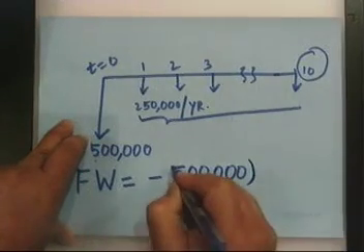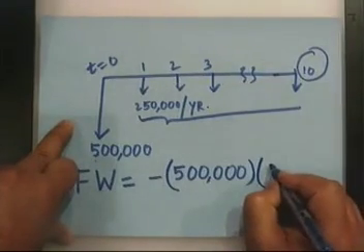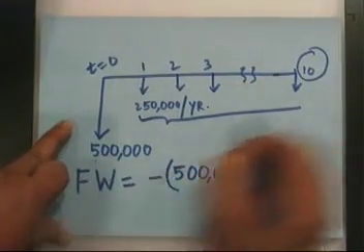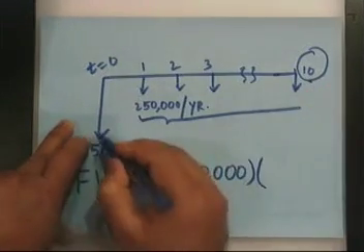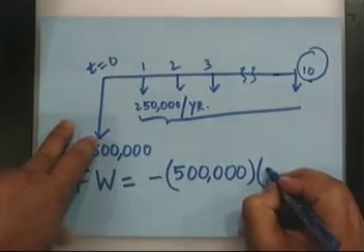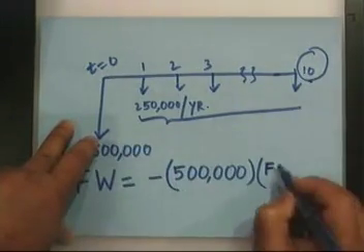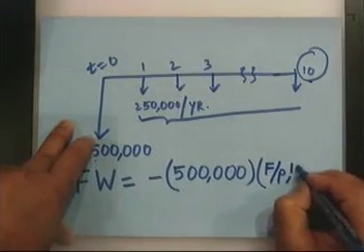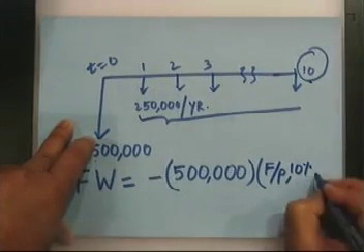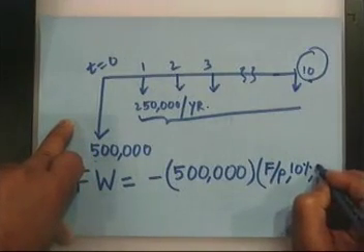So minus 500,000 multiplied by, I am interested in finding its future worth knowing P. So, what I will write? F given P at n equal to 10%, for a period of 10 years.